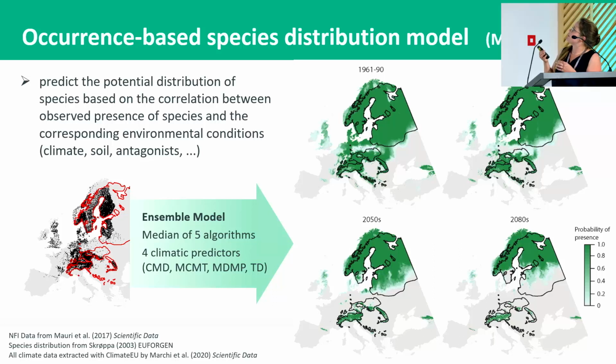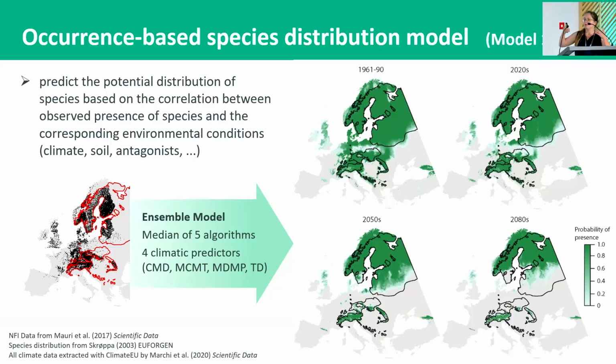It first decreases towards the natural distribution, and then towards the mid and the end of the century, it will decrease even within the natural distribution. The habitat where it will still be suitable in the future are the northern latitudes and the higher elevations. So this is what these models tell us. So okay, we are done, we can all go home now.